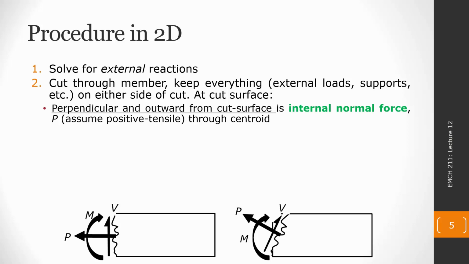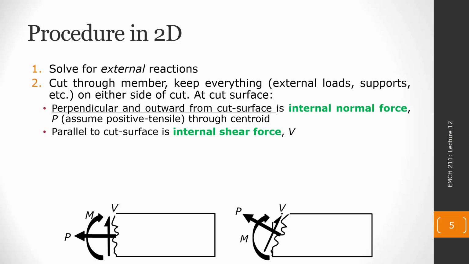Then the next load is going to be V, which is called the internal shear force. Now, in this picture, it is parallel to the cut surface, and that's always true. I have assumed its direction here to be up on this cut surface, and then on the right-hand picture where I made an oblique cut, up and to the right.